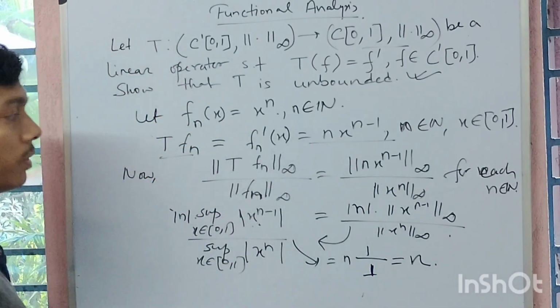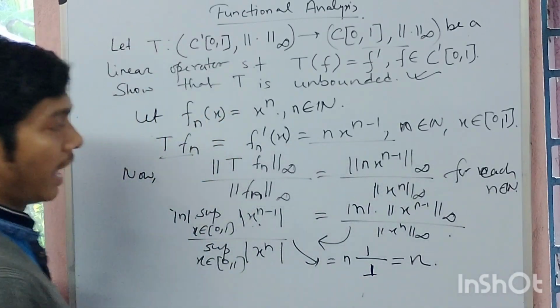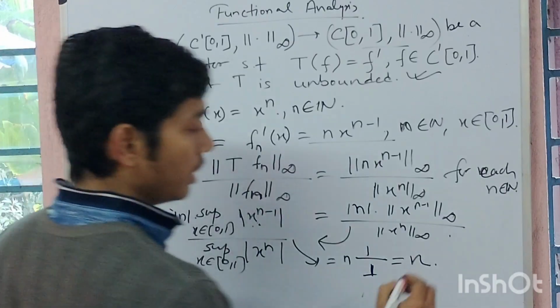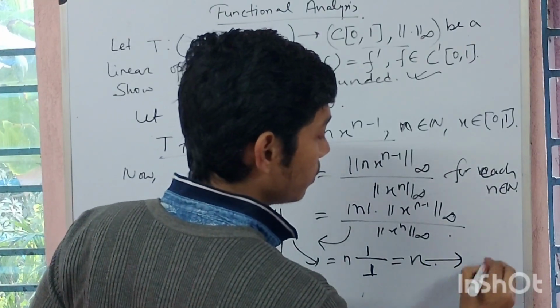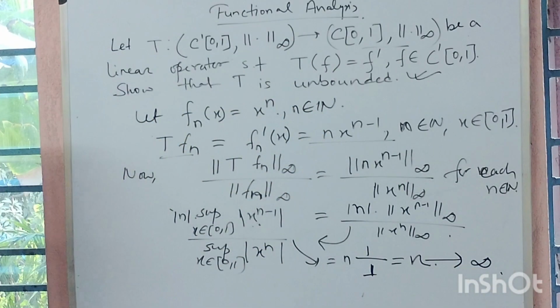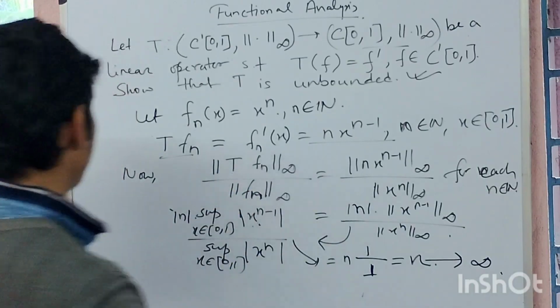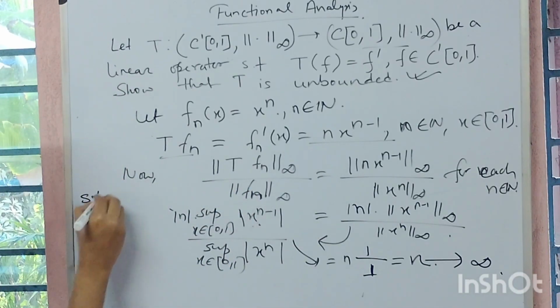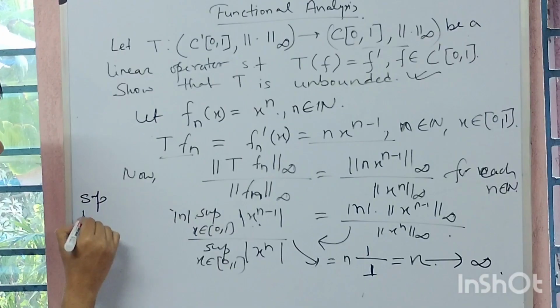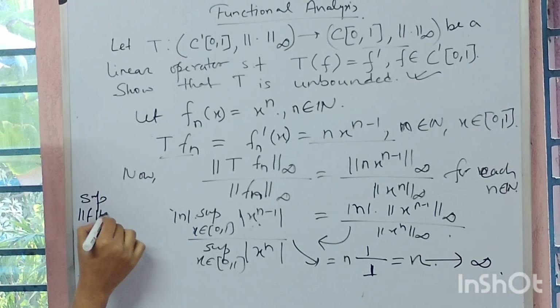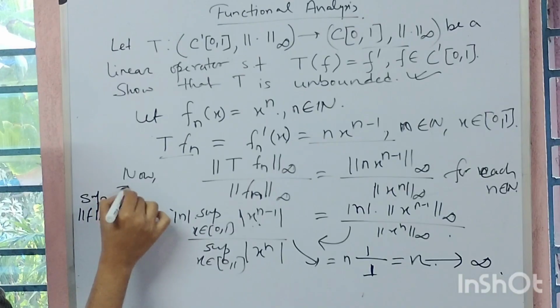And as n tends to infinity, it's going to infinity. My definition of the norm of T was the supremum of this value.